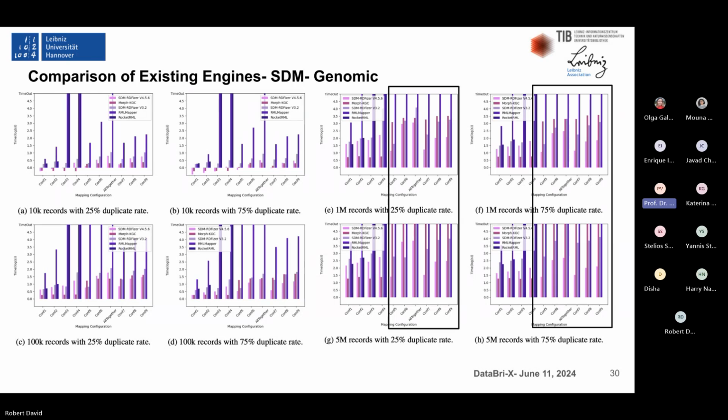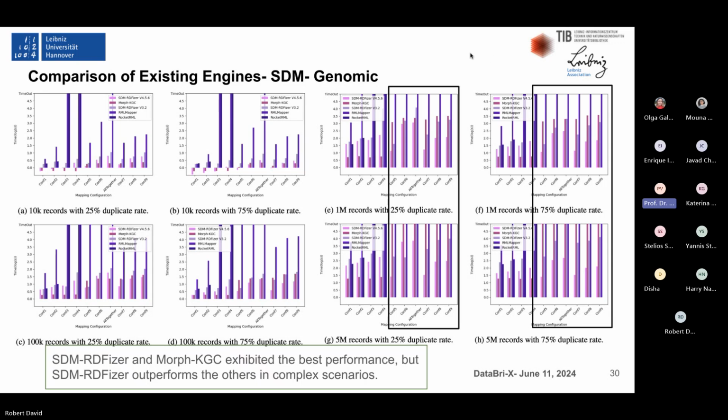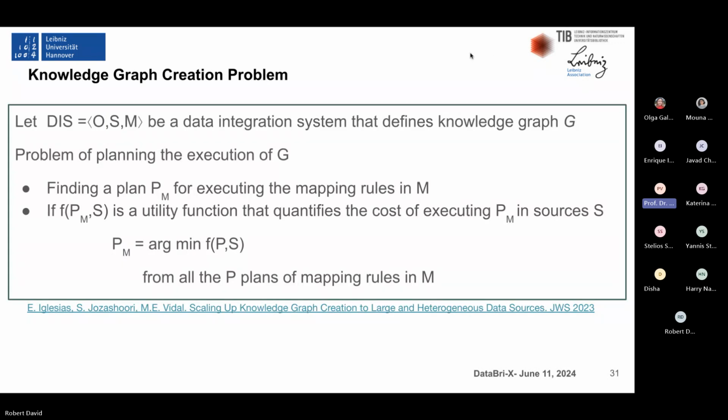So please click twice. Okay, so now we are not only having these physical operators, but we are also able to plan the execution of these triple maps. And what we have done is to see this as an optimization problem, where what we are aiming for is to reduce the utility function value, for example, the memory that is consumed or the execution time.